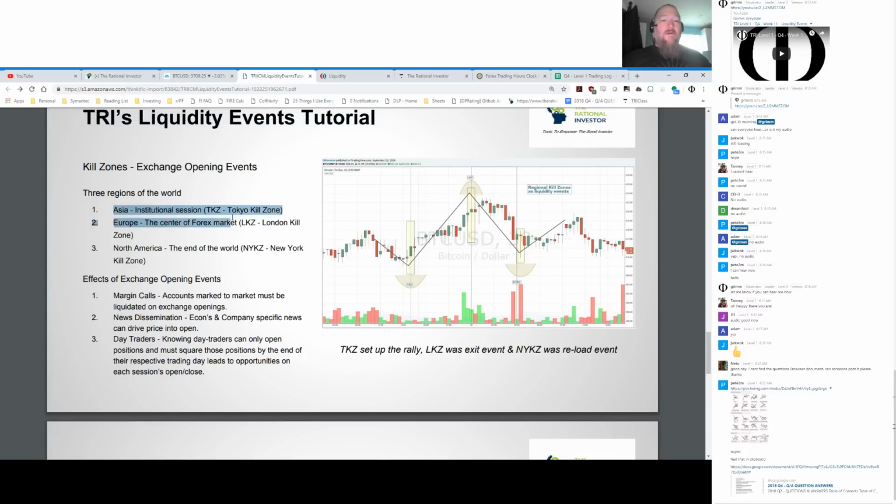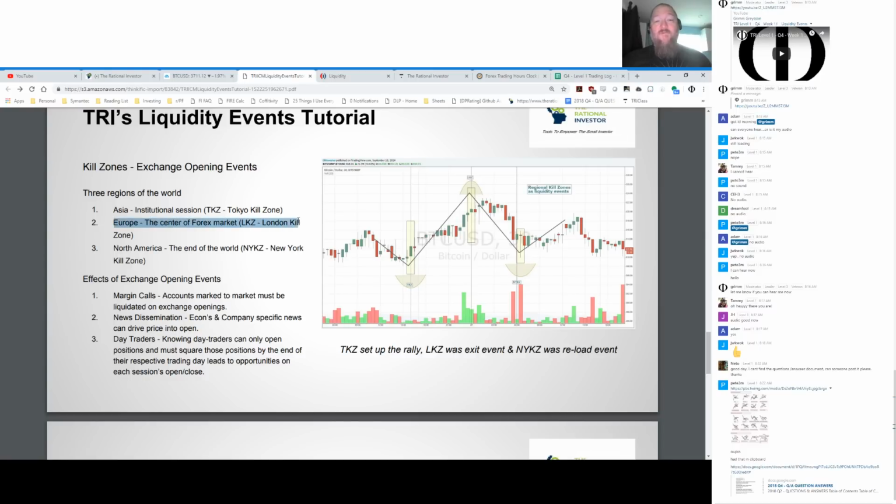They are all still little blips of higher liquidity, but the primary liquidity is when the Tokyo exchange opens up. The institutional session often will show us what we expect from the rest of the day. Not always, and we'll talk about that in a minute, but generally speaking, that's what we look to the institutional session for.